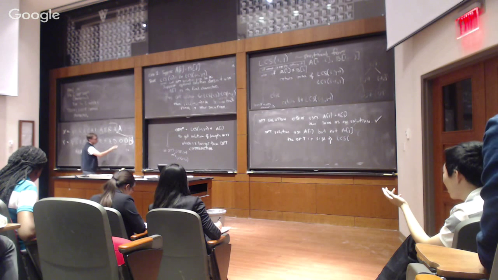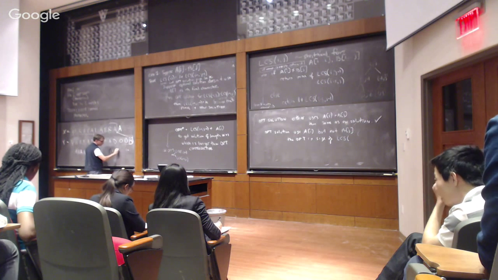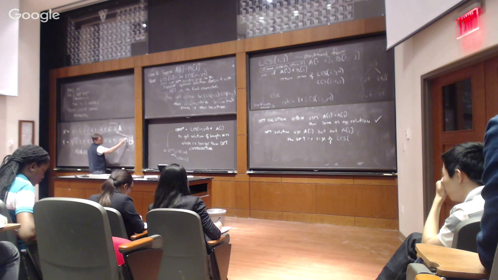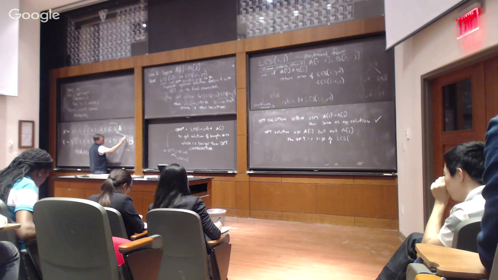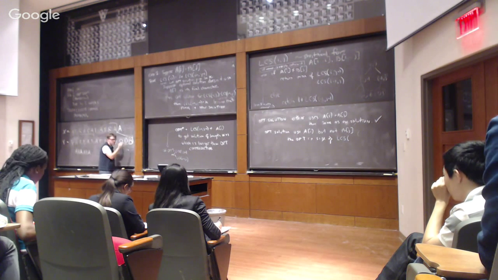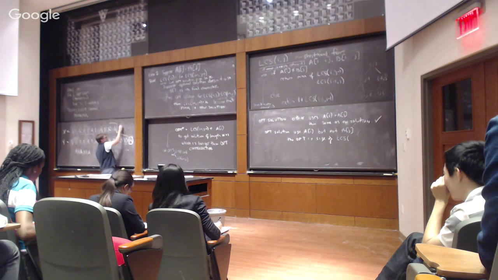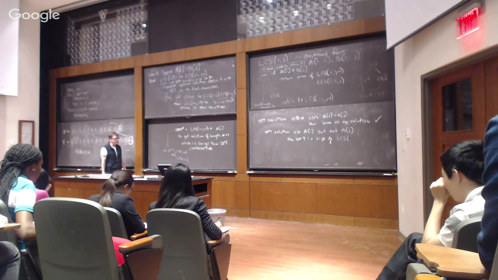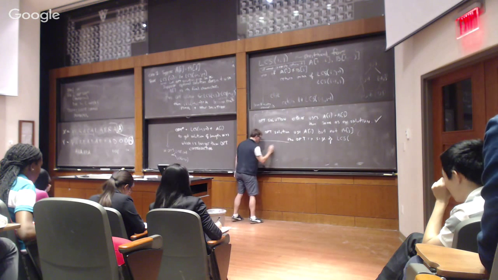So if I use this last letter, I could match it to this last letter, and my answer would be 1 plus the longest common substring of i minus 1, comma j minus 1.